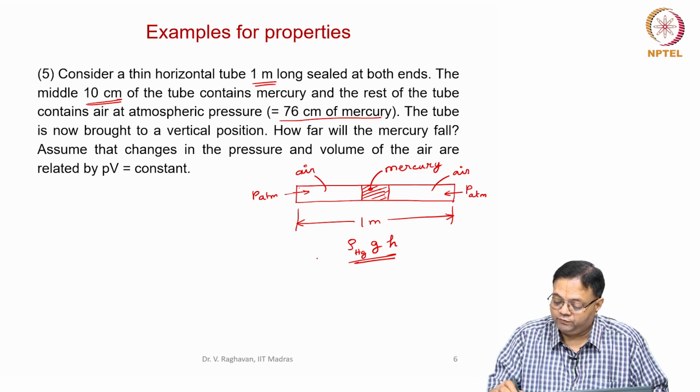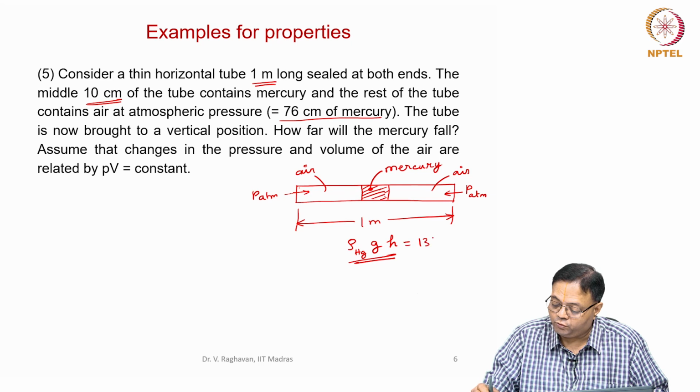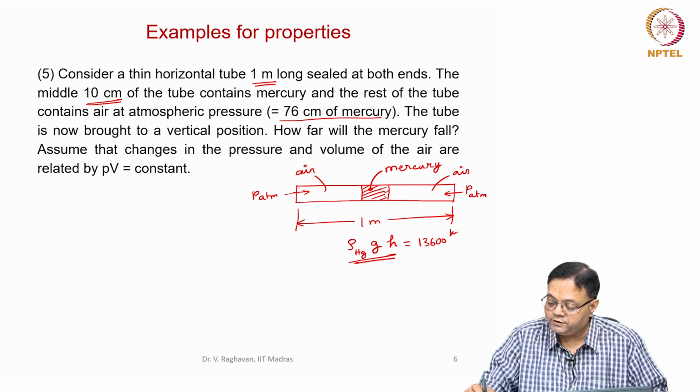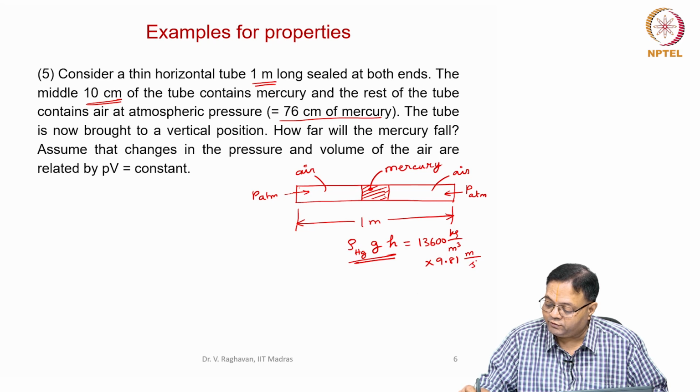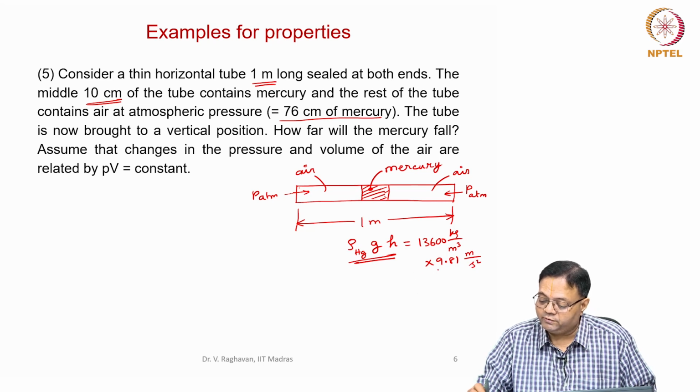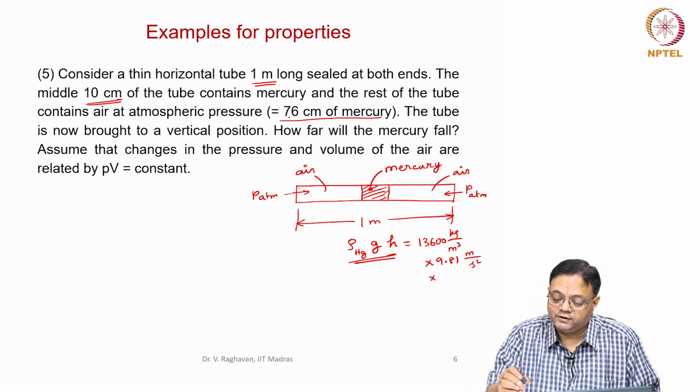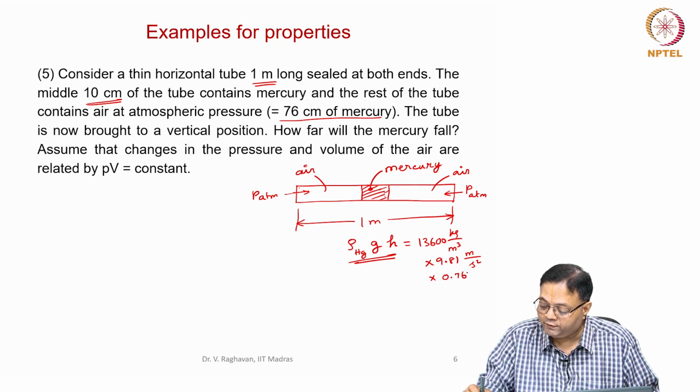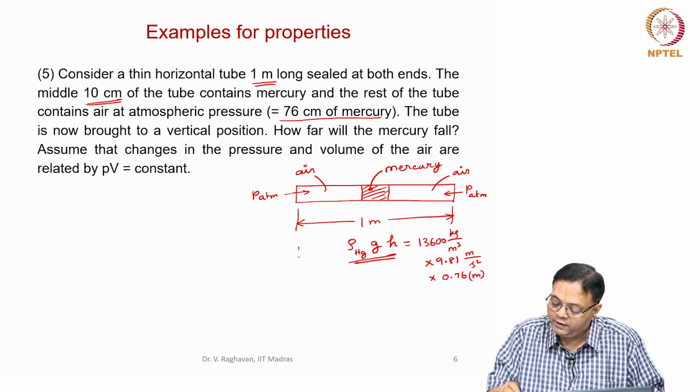So here you can calculate this as 13,600 kg per meter cube into 9.81 meter per second square, the acceleration due to gravity, into h, which is 76 centimeters, that is 0.76 meters. So that will be the atmospheric pressure.